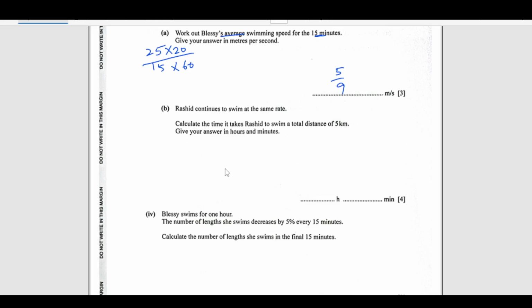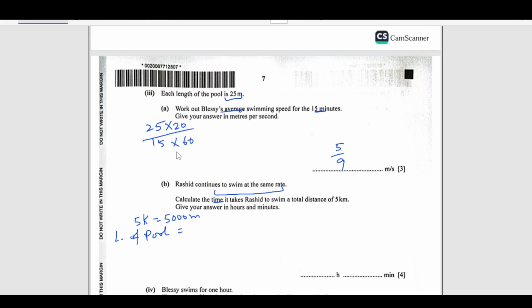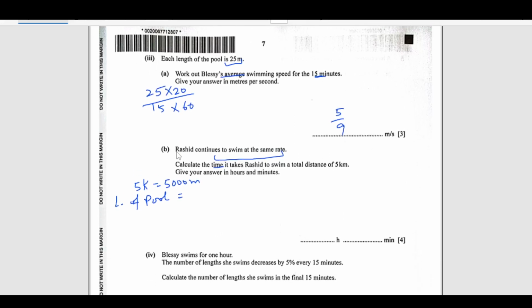Now Rashid continues to swim at the same rate. Calculate the time it takes Rashid to swim the total distance of 5 kilometers. Now 5 kilometers is equal to 5,000 meters, right? The length of the pool is 25 meters, times how many lengths?